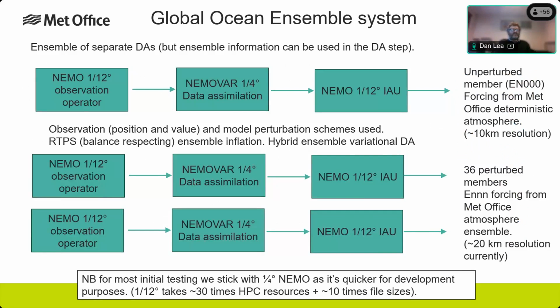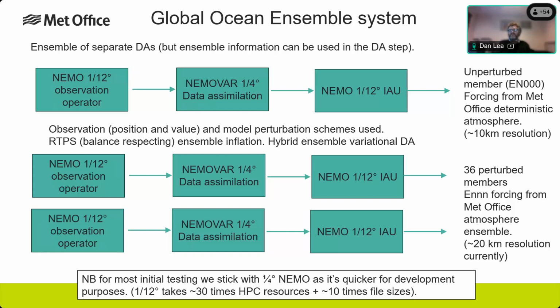This system is an ensemble of separate data assimilations, but we can use the information from the different ensemble members in the DA step. For the 1/12 degree system, you have a 1/12 degree NEMO observation operator run, and the background and the innovations are fed into NEMOVAR running at 1/4 degree.